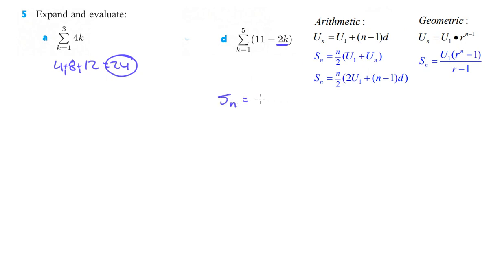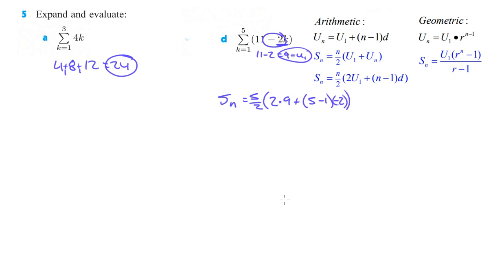S of n equals, number of terms is 5 over 2 times twice the first term. So let's plug 1 in. 11 minus 2 gives us 9. So that's our u of 1 is 9. So 2 times 9 plus number of terms 5 minus 1, all times our difference. And our difference is negative 2.